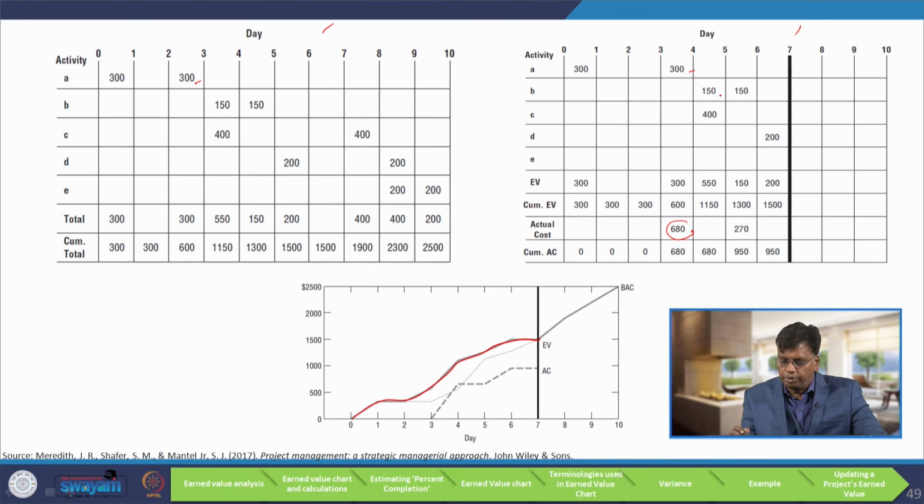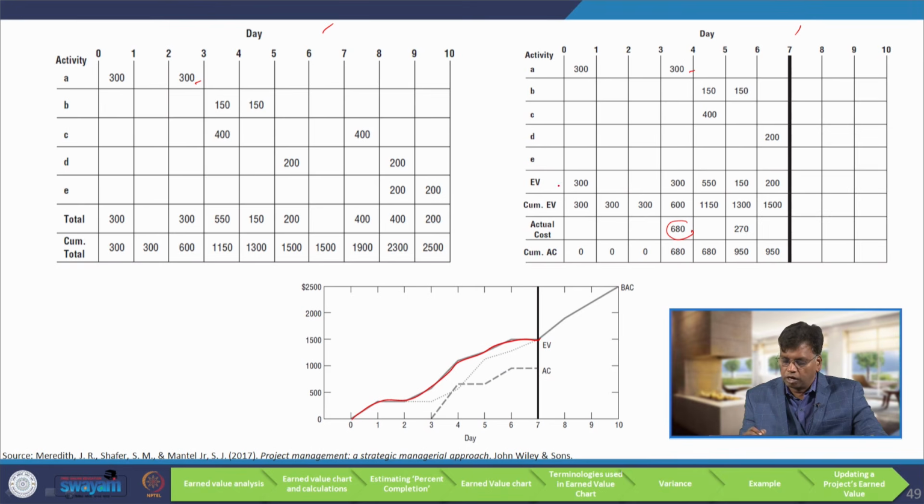Now, for activity B, it should be on the 4th day, but it has gone to the 5th day because of the delay of activity A. Activity C is also pushed to the 5th day. So, 400 plus 550, then the cumulative value 600 plus 550 is 1150. Then activity B's earned value is 150 only, and activity D's earned value is only 200.